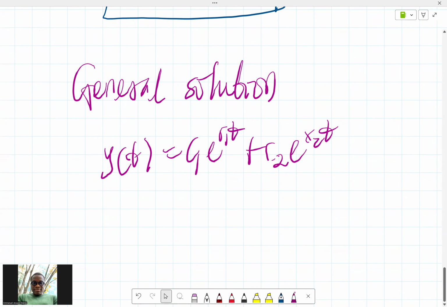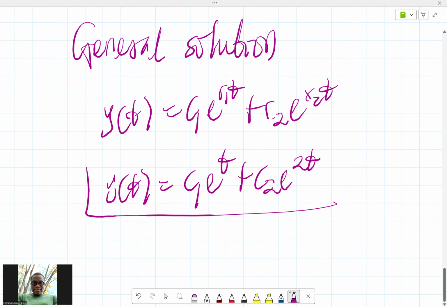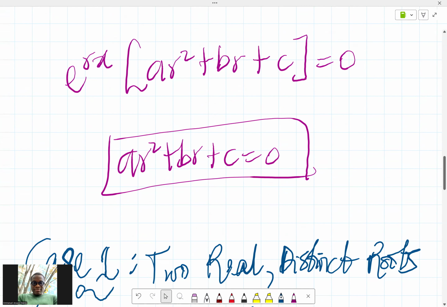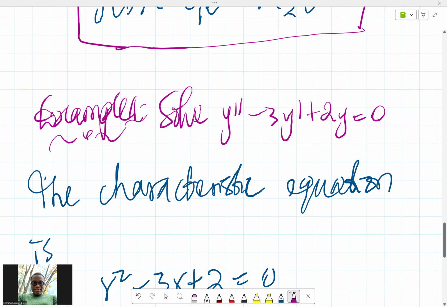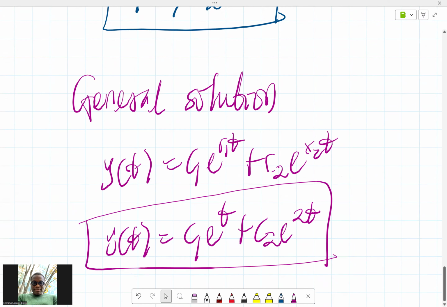That means y of t is equal to C1 e raised to power t plus C2 e raised to power 2t. So that's the solution in that case, with unique values 1 and 2. That is example 1.